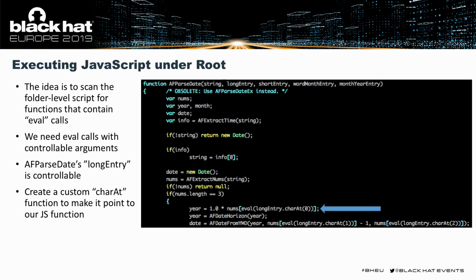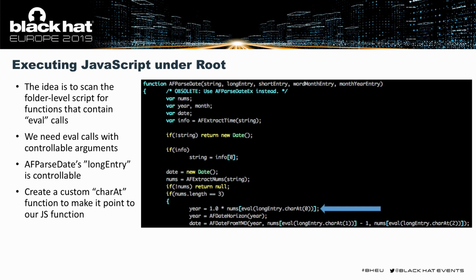So let's talk about the first step, which is basically acquiring a system level or a root level eval. This function, af parse date, is a decompiled function which is found inside the bin file. Since this actually runs in root, if you notice, you have the long entry argument over there, and all the way down where the arrow is, you have an eval that takes an argument, which is long entry char at.